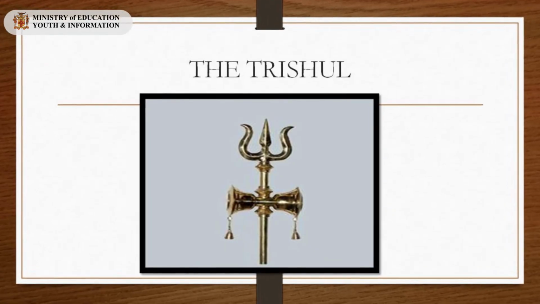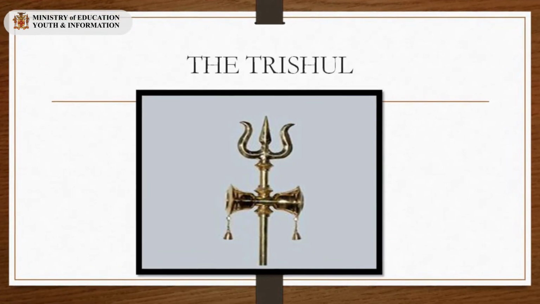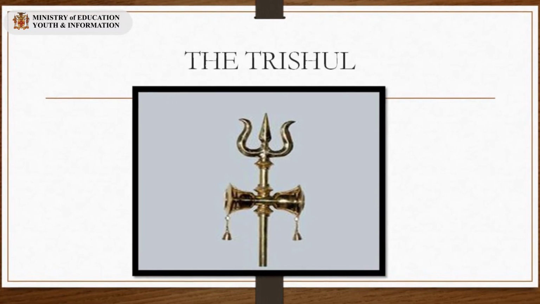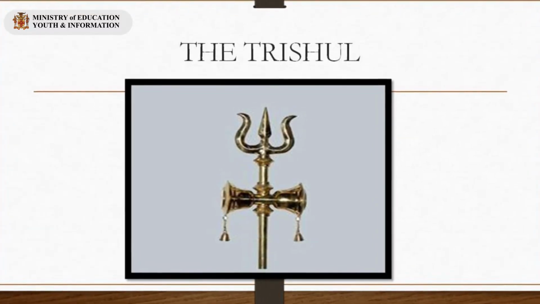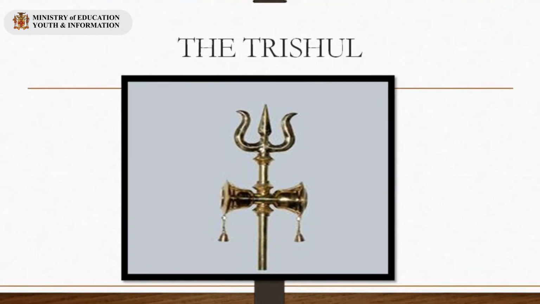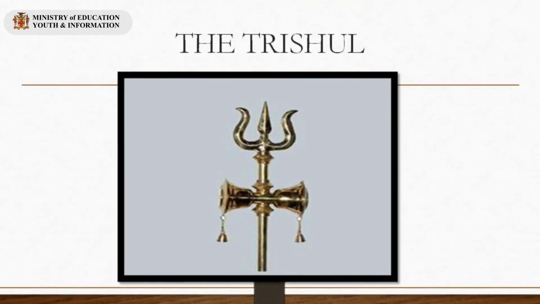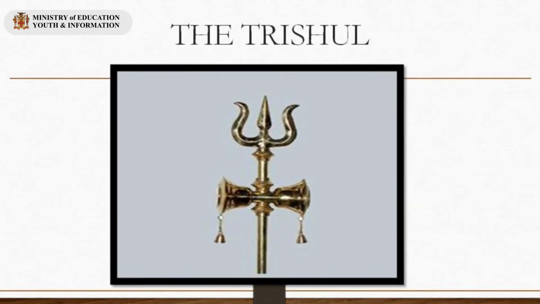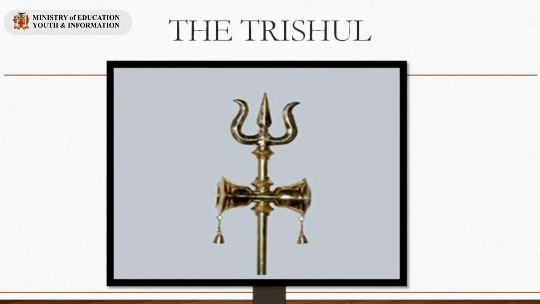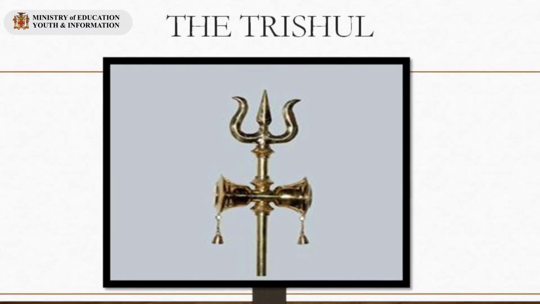The Trishul is commonly referred to as the weapon of Shiva. The Trishul carries the power to destroy 3 worlds: the physical world, the world of past lives, karma, and the world of the mind, the ego.